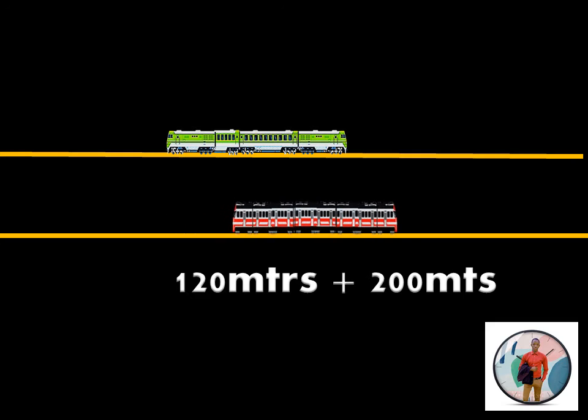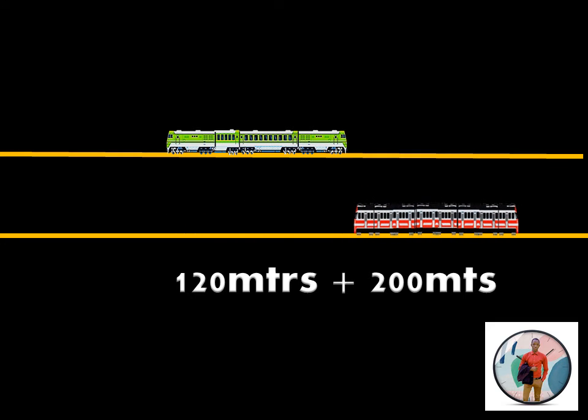Then, after covering 120 meters, it will have to cover another 200 meters, which is actually its own length. So the distance covered by the red train to completely overtake the green train is 120 meters, the length of the green train, plus its own length, 200 meters.